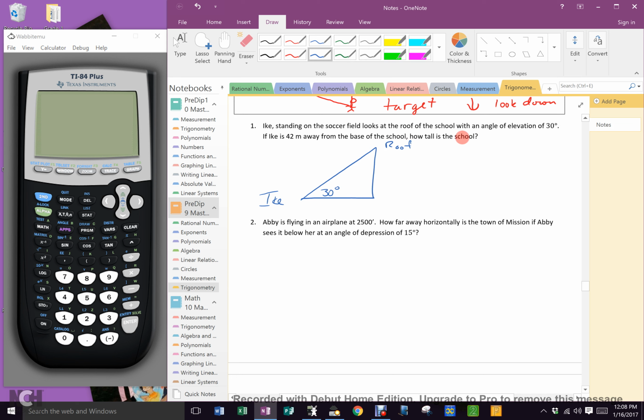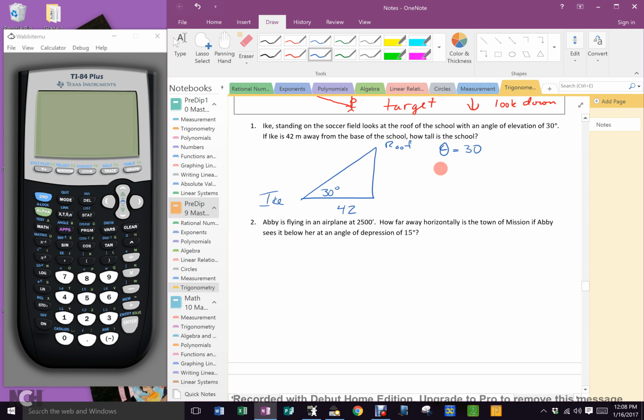Ike is 42 meters away from the school. Where is Ike? On the ground. Where is the school? On the ground. So I must need the distance between them: 42. Now, do I have a theta? What else do I have?